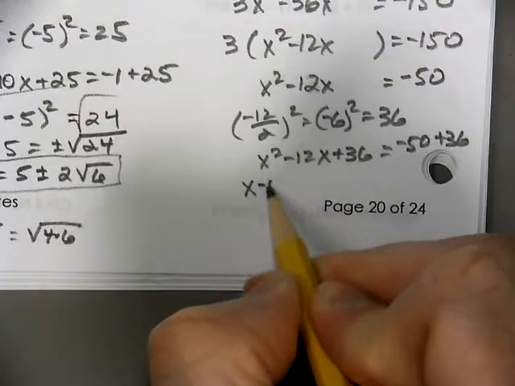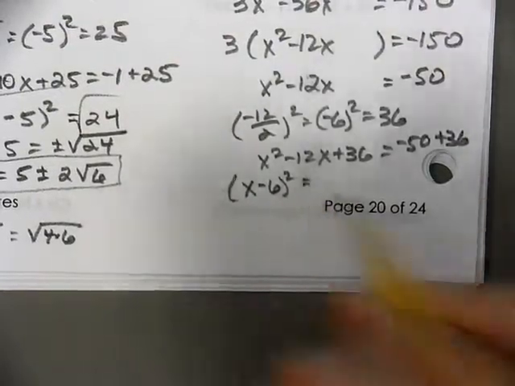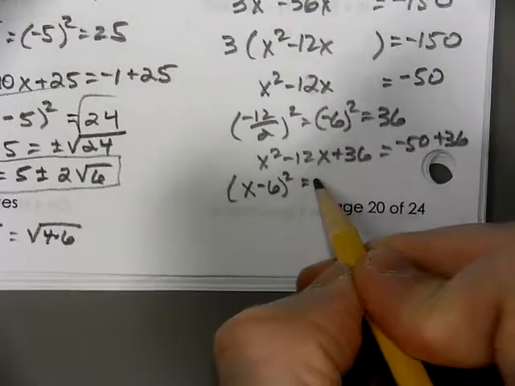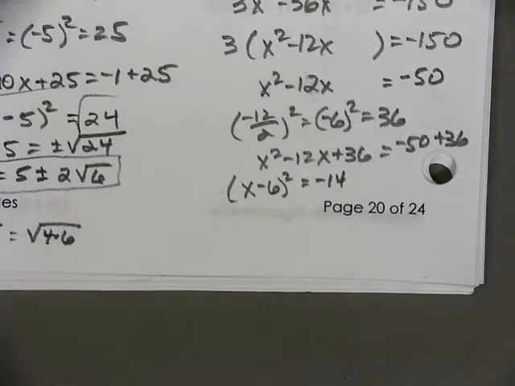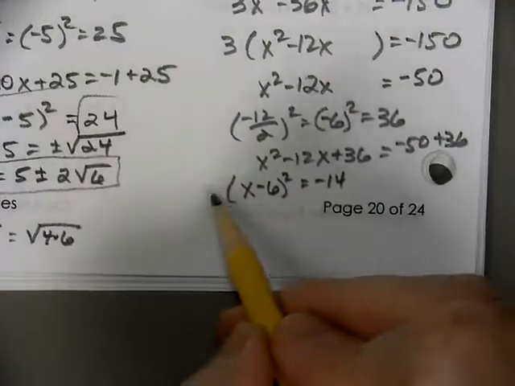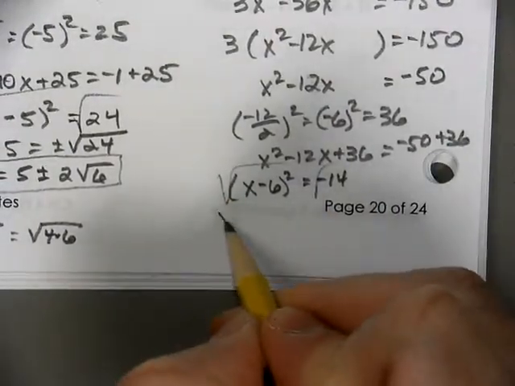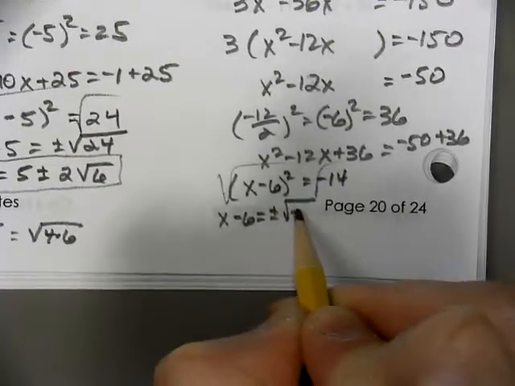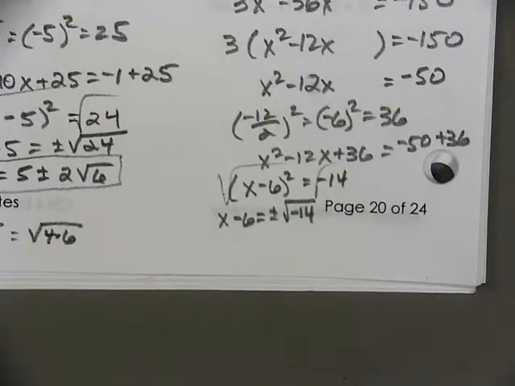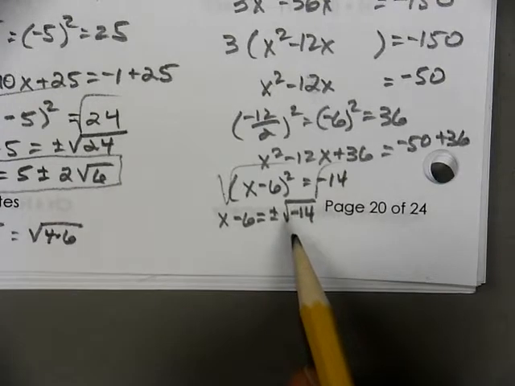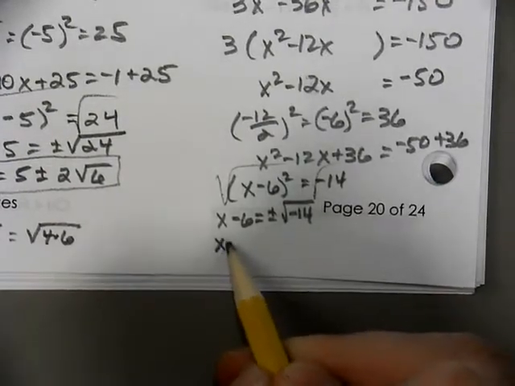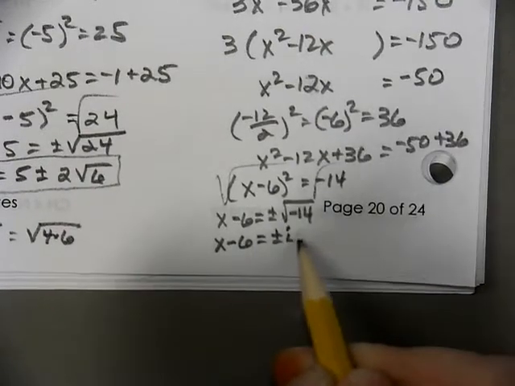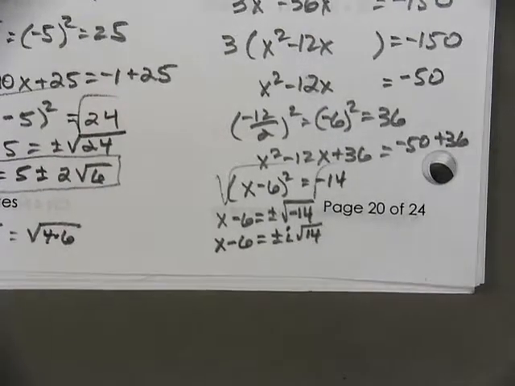So we get x minus 6 squared equals negative 14. So when you take the square root of both sides, we get x minus 6 equals plus or minus the square root of negative 14. Well, we don't like to take the square root of a negative, remember? So that's when we use our i root 14.